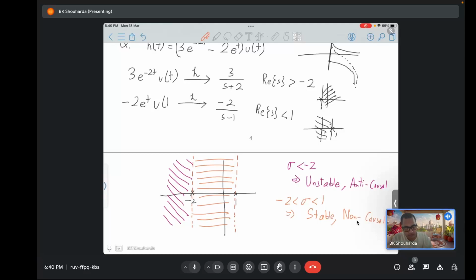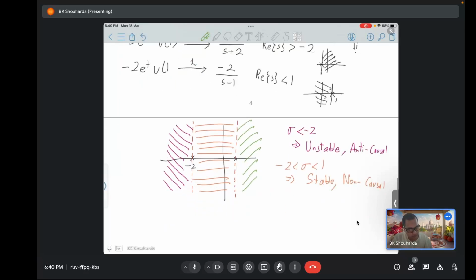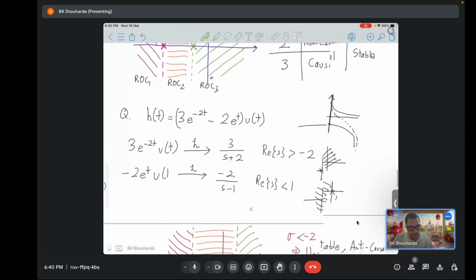And the final one, sigma greater than 1. This is still unstable because it excludes the j omega axis, but it is causal because it's right side. Unstable but causal. Okay, all right.